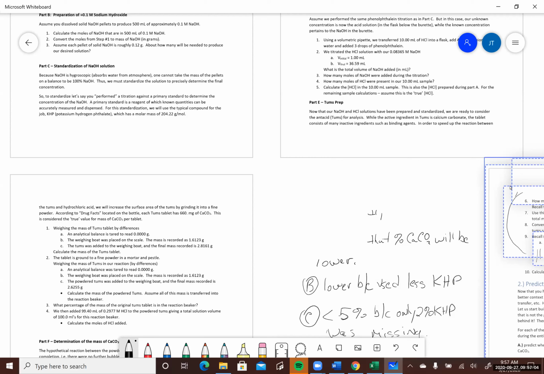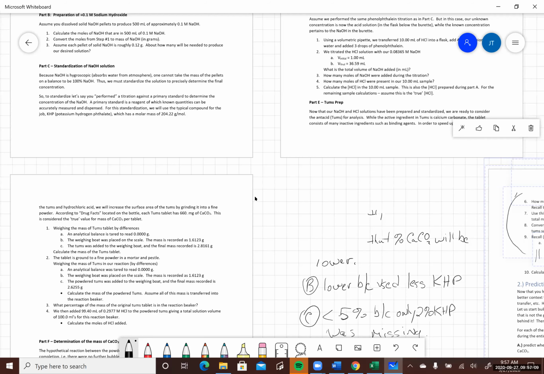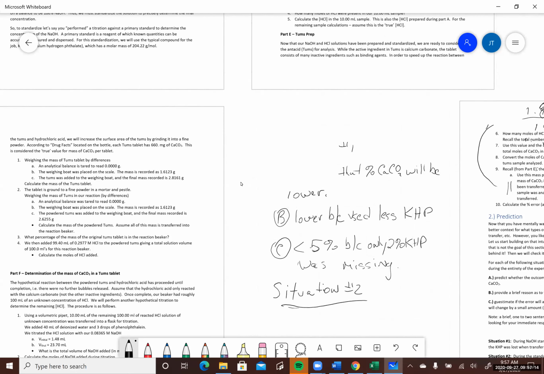All right, now we get to the next part, which is the situation part. So somewhere in your piece of paper, whatever you're going to turn in, you put 2 and write situation, and then you're going to probably put situation 1, number 1, and then A is your prediction, right?